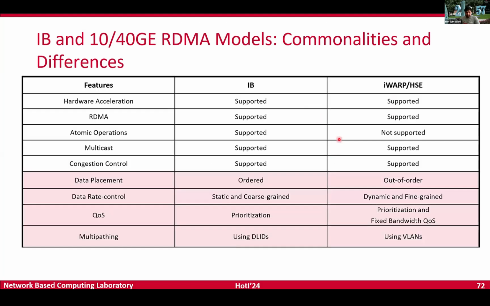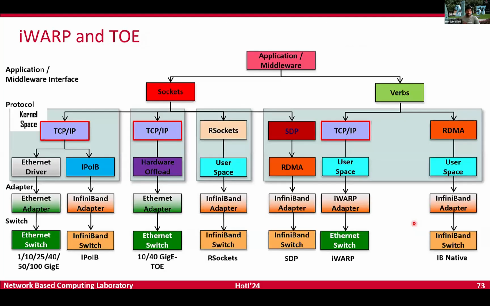This is a comparison of how IB compares with iWARP and high-speed Ethernet. Some of the benefits of high-speed Ethernet are that you could have out-of-order data placement, fine-grained and dynamic rate control, and improved quality of service support. All the nice network management features and ACLs of Ethernet immediately became applicable here. With the advent of iWARP, two more verticals came in.